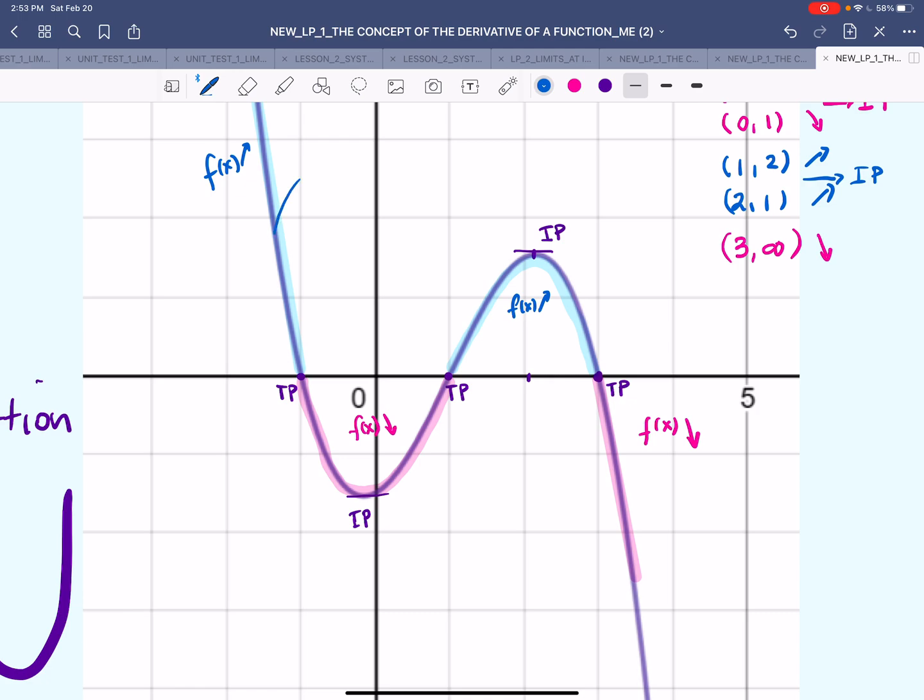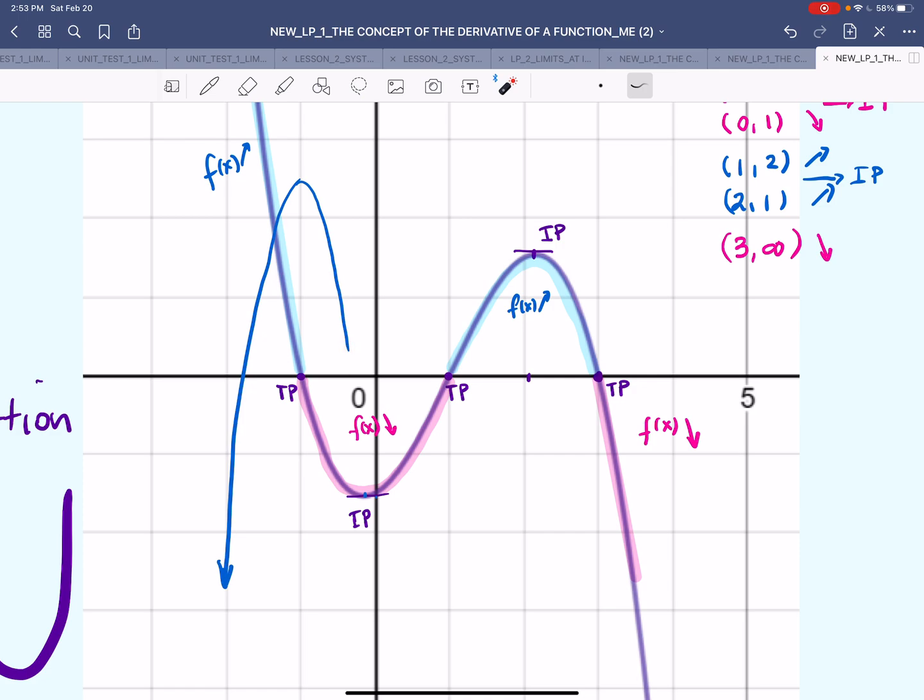So here is an increasing f of x, okay? The turning point is right here. The function is decreasing now, so we'll make it decrease. It will keep on decreasing for all the x values between here and here. And right here at this point, it will have an inflection point.